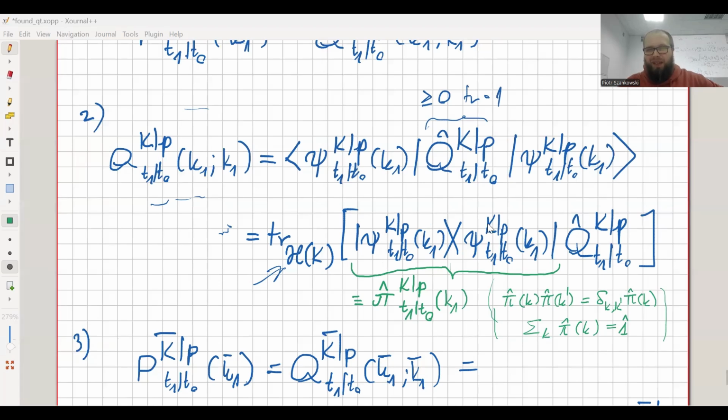According to what we talked about previously, we have this positive semi-definite operator here, which is called the metric, because it is a metric of the implied inner product. We keep all the dependencies here.